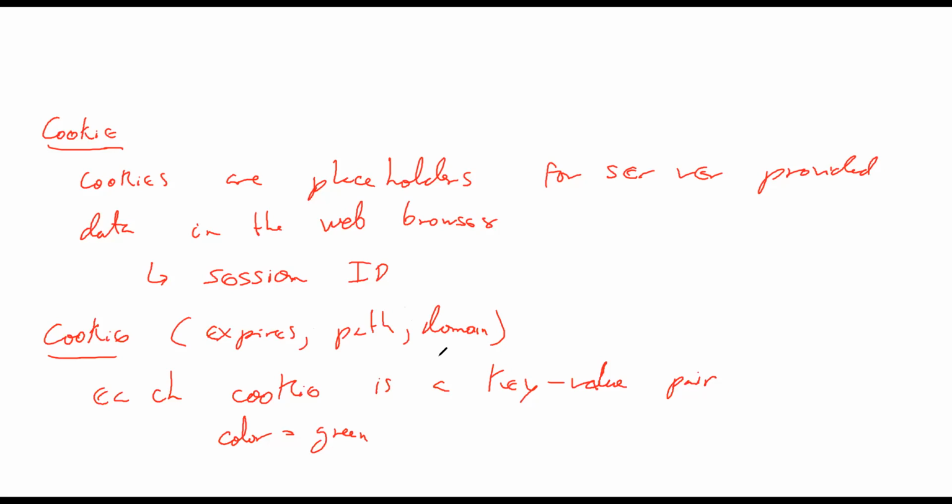So in particular, for a lot of our labs, we are going to be concerned with the session ID, because if you are logged in, this is the client, and this is the server, and you are logged into a bank, every time that you send a command to the server, you're going to attach the session ID, which you're going to get from that cookie.